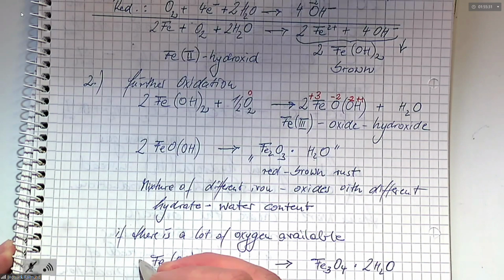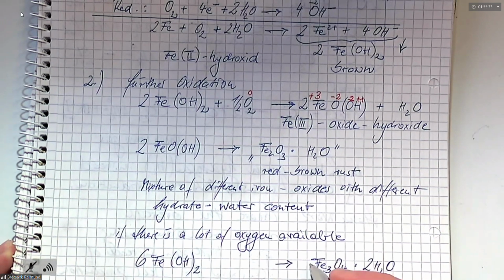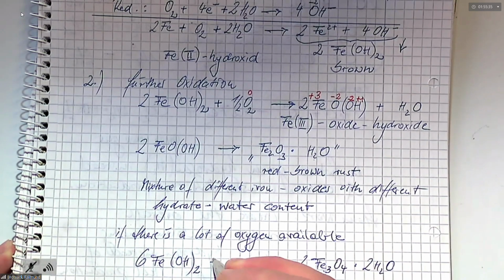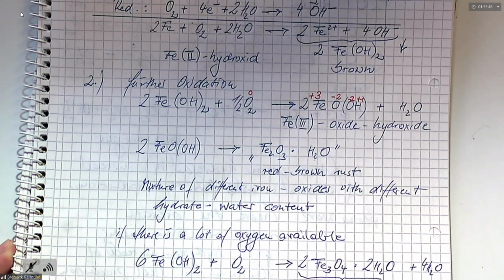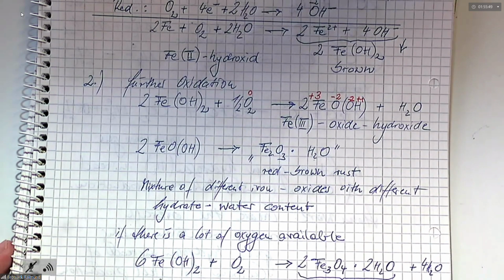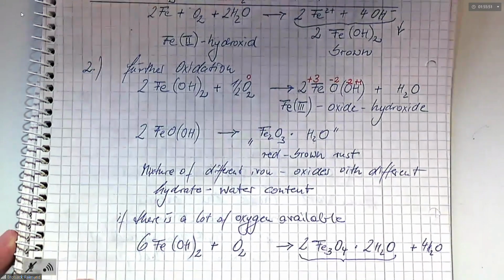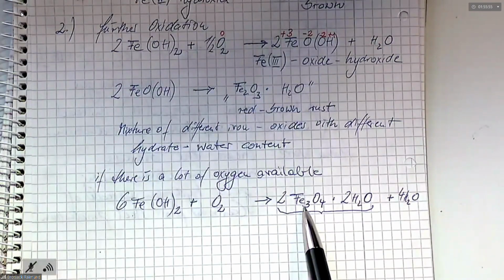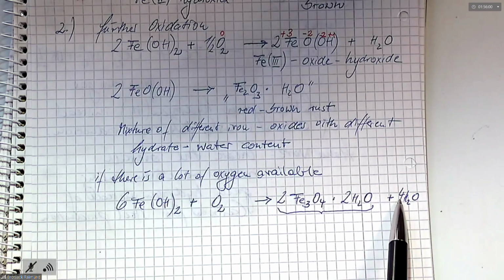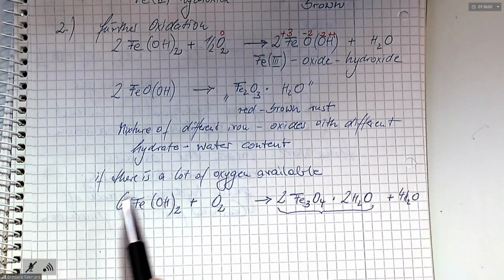Therefore, we need 6 of them. We have 2 of them, and we have to add oxygen and additionally water. Well, first of all, let's check. We have 6 iron on the left, and 2 times 3 is 6. We have 2 times 4 is 8, plus 2 is 10, plus 4 is 14 oxygen.